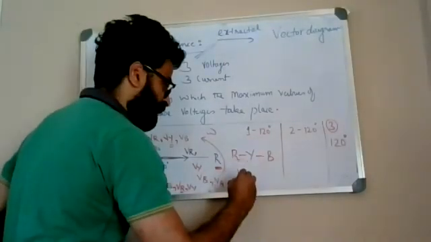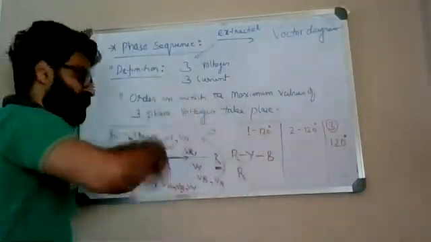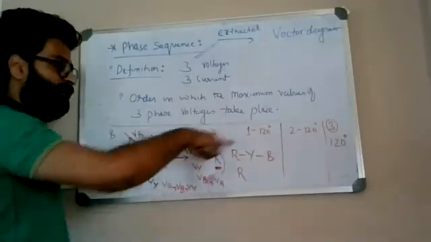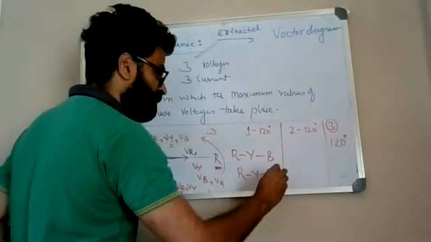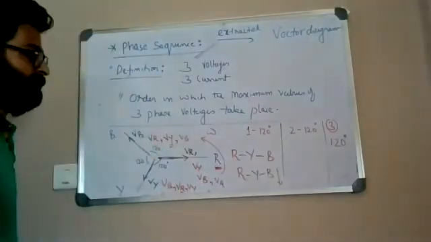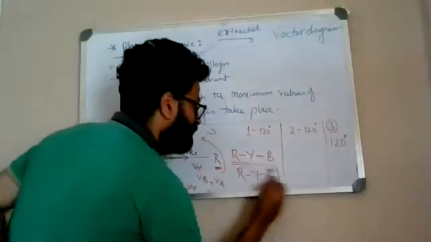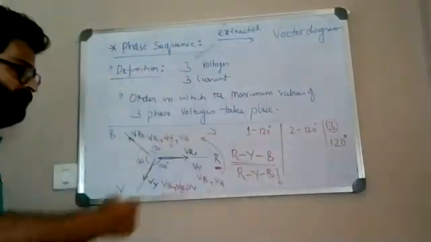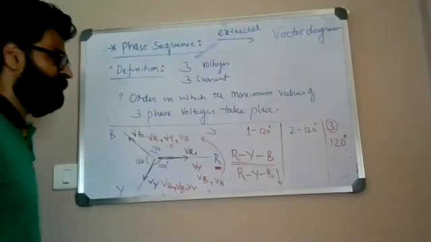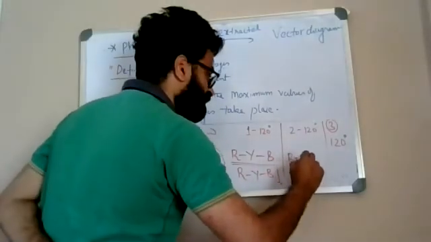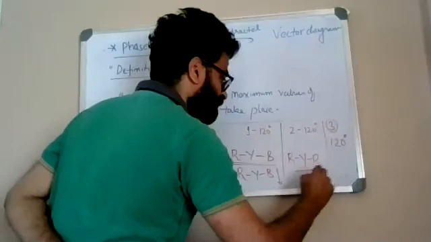So again, you will get R. And if you keep on rotating these vectors by an angle of 120 degrees, the following sequence keeps repeating. Since this sequence is getting repeated after every 360-degree rotation, we call the given phase sequence as RYB phase sequence.